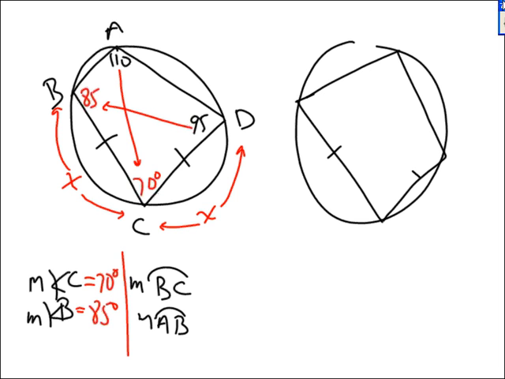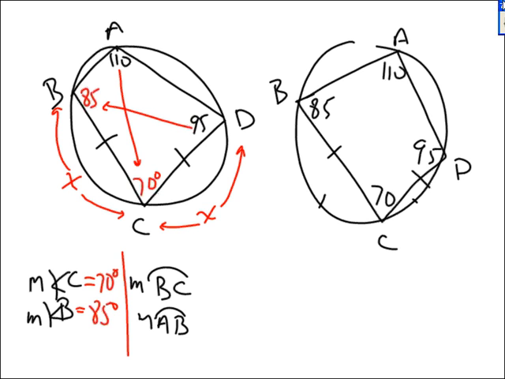We know these two are equal. This is C and D and A and B. 85, 110, 95, and good old 70. And we know that those two arcs are equal.